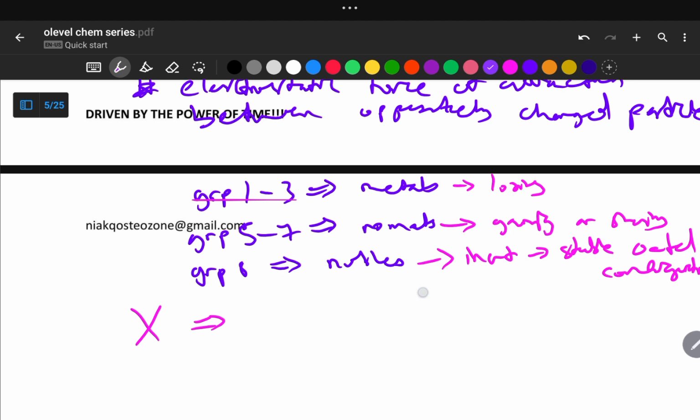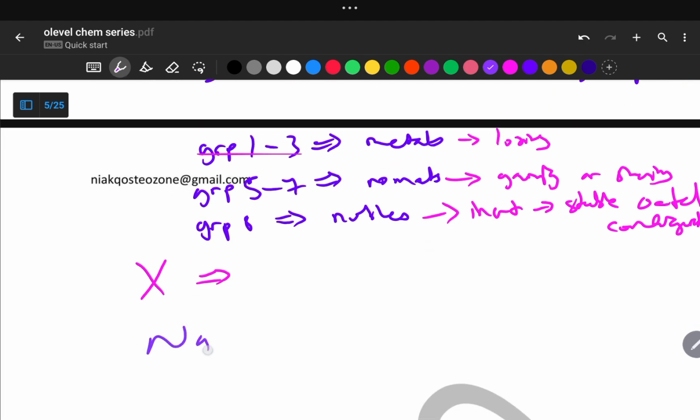So let us use sodium as an example. Sodium is 11, right? For the electronic configuration, the first shell is filled with 2, and we don't proceed to the next shell without completely filling the previous shell, right? All the other shells are filled with 8 electrons. So for the next one, we're going to have 8, and then we are left with 1, since we are starting with 11 electrons.